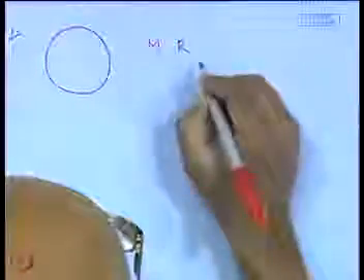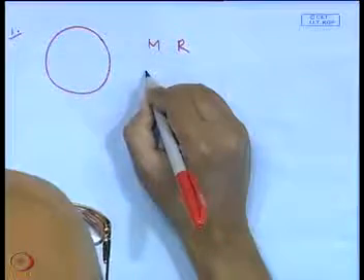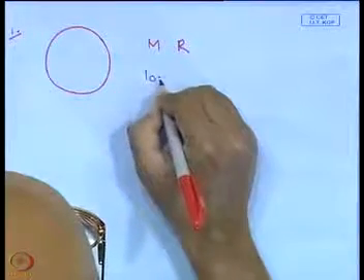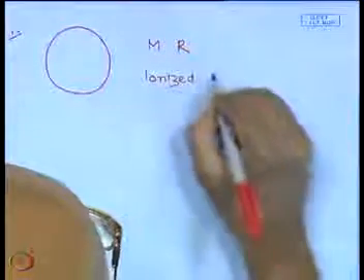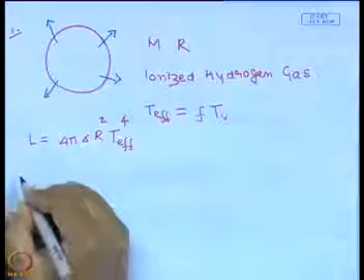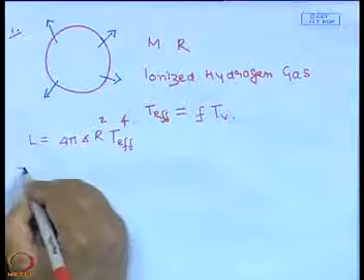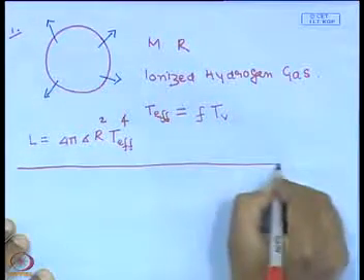So, this sphere is made up of hydrogen gas. We shall assume that it is made up of ionized hydrogen gas. The first part of this problem, this is the information given.